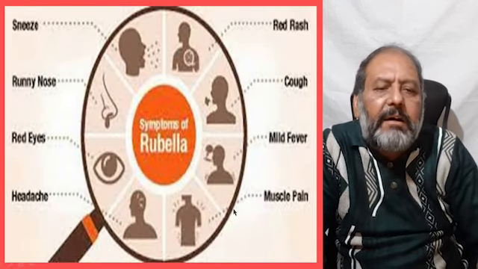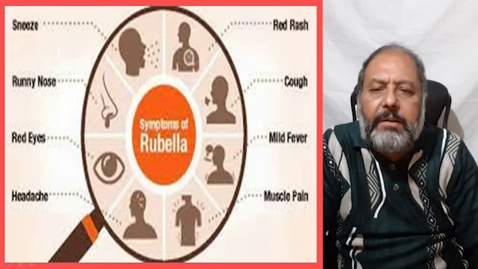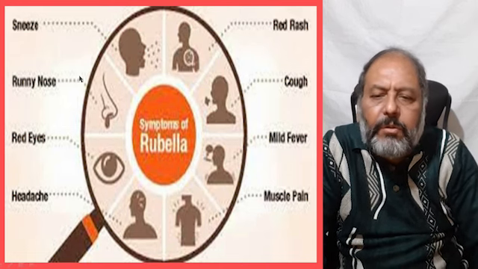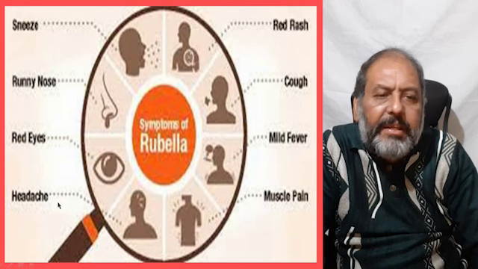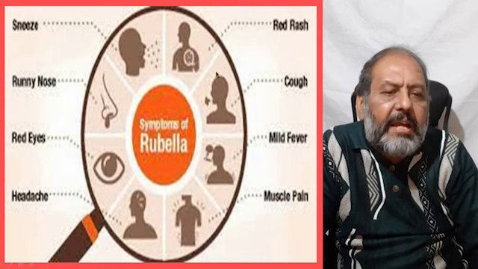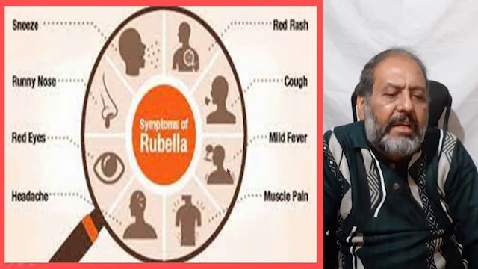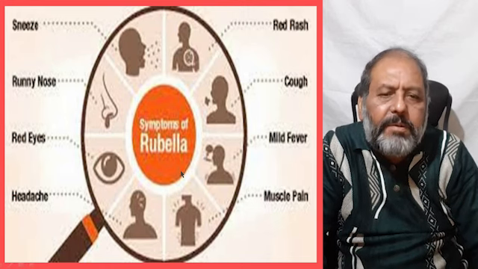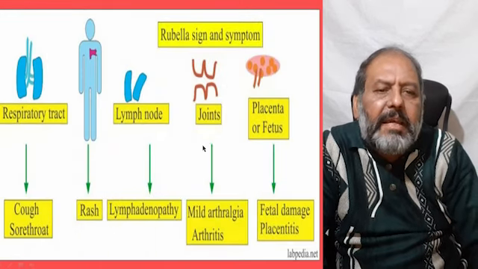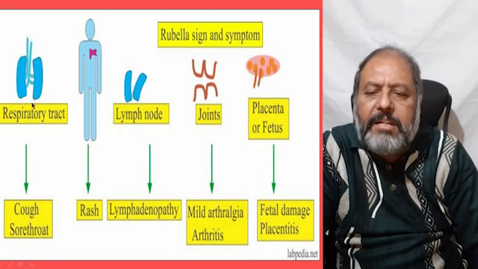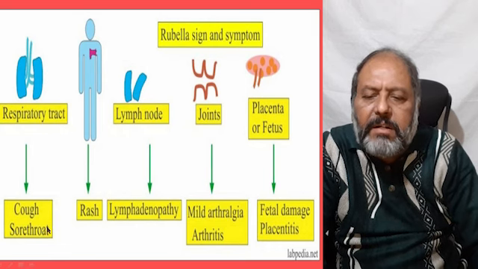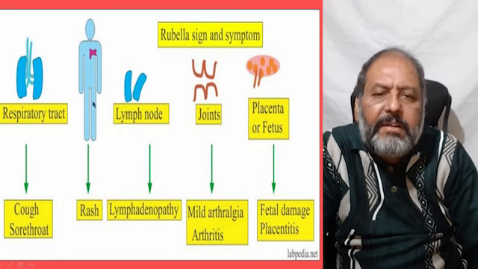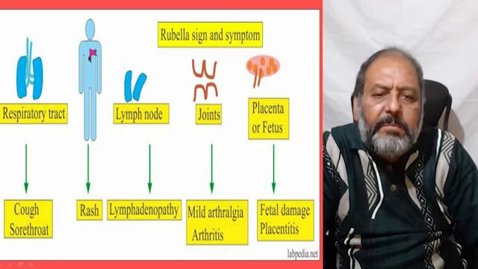So the symptoms of rubella are sneezing, runny nose, red eyes, headache, red rash, cough, mild fever, and muscle pain. These are all the symptoms of rubella. And again here, respiratory tract symptoms: cough and sore throat. Then there is the rash on the body.